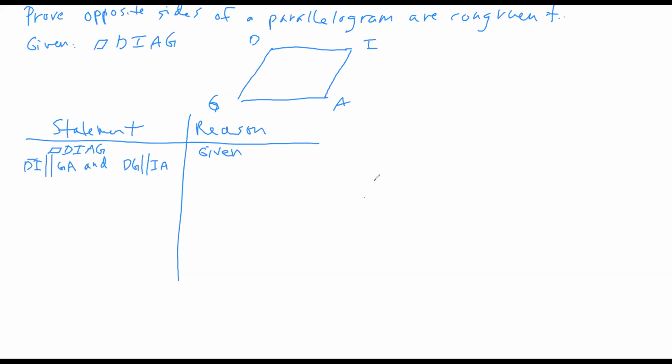These are segments, I think in my notes I didn't mark them as segments. So top is parallel to bottom and left side is parallel to right side. That's what we're claiming right now, and that is from the definition of parallelograms.